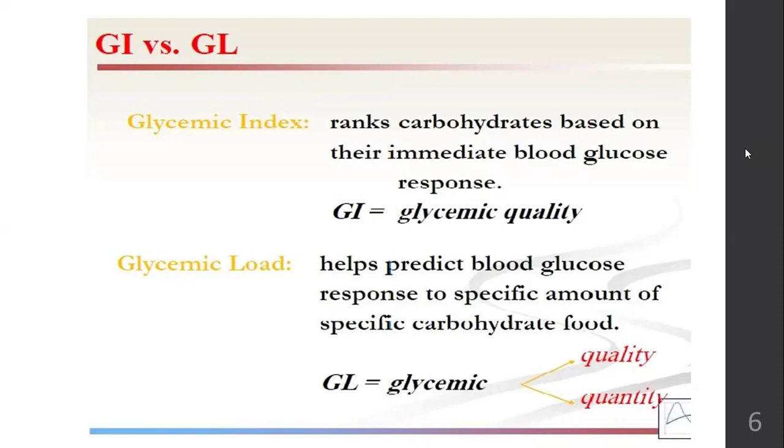So glycemic load is a much better calculation option. It gives you the quality of the glucose spike, and it also gives you the quantity. It calculates the amount of carbohydrates that you eat. That is the major difference between glycemic index and glycemic load. Is it clear to all so far?